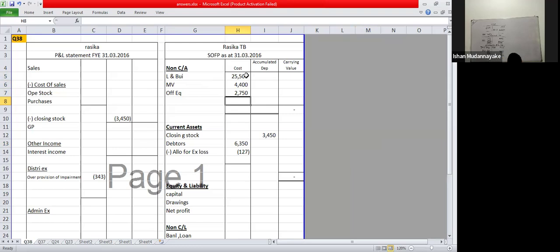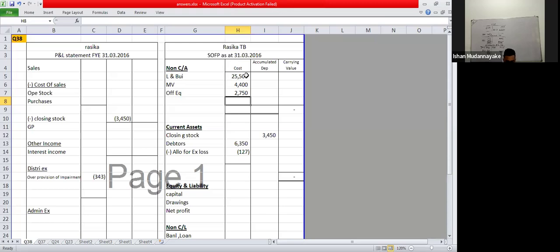Okay, right. And then students, building depreciation 5%. Land and building total amount 25,500. Out of 25,500, 5,500 is land.